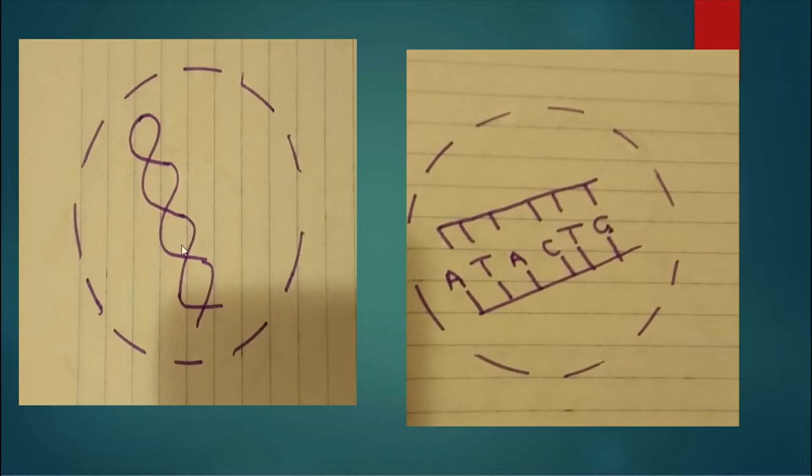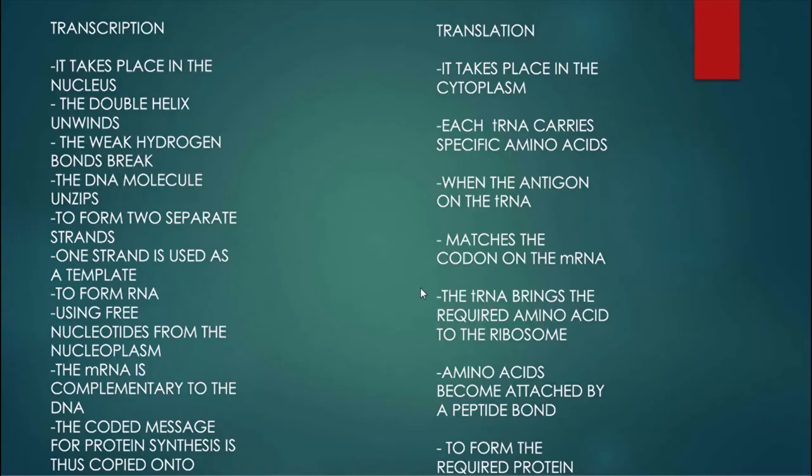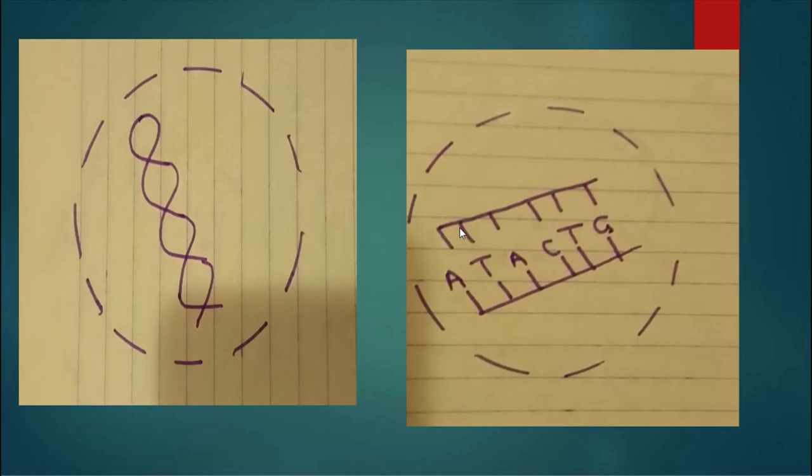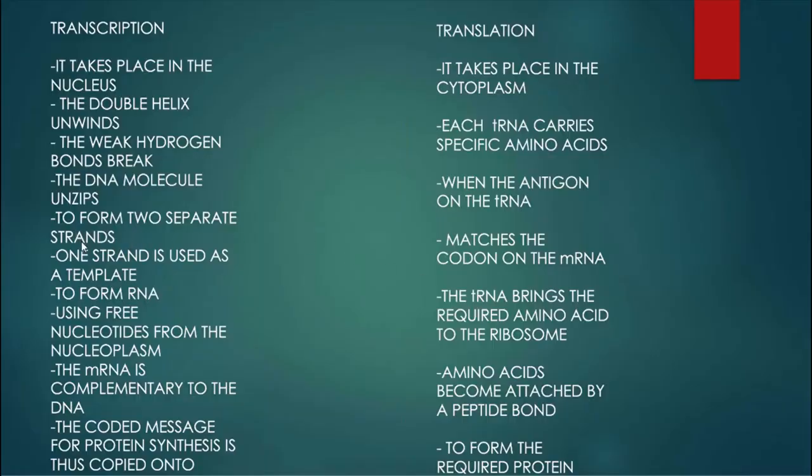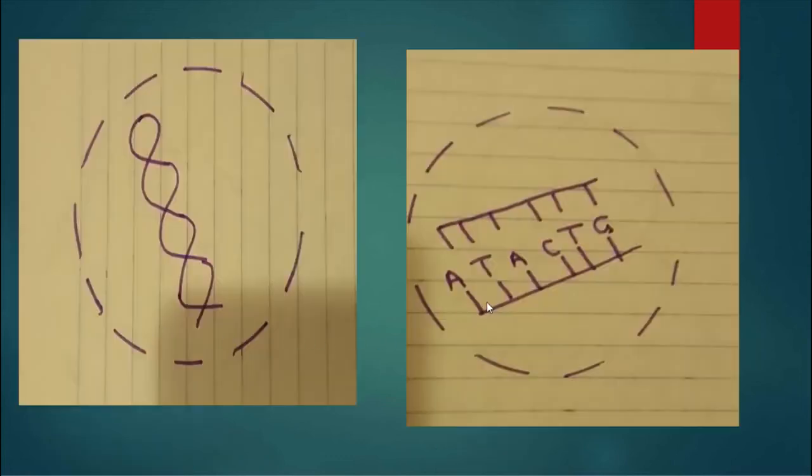Now, when the DNA unwinds, it changes from this shape to this shape. Remember, the 2 strands are pairing through nitrogenous bases. Assuming that we have nitrogenous bases ATA and CTG here on this strand for DNA. Remember, it says that one strand acts as a template to form mRNA, the messenger RNA.